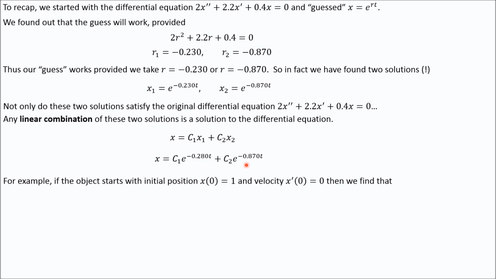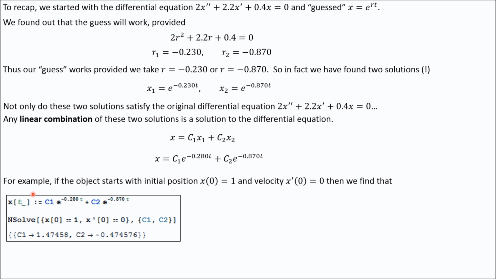For example, suppose we stretch the spring by 1 unit, 1 meter, I guess, and we start the object at rest. Then we'd say that x of 0 is 1 and x prime of 0 is 0. And we could use these two initial conditions to find C1 and C2 using this code.